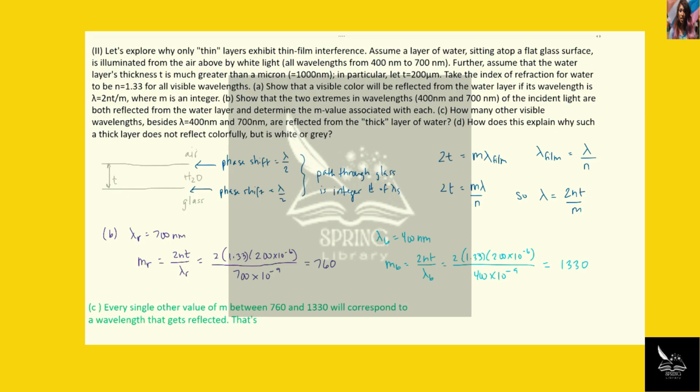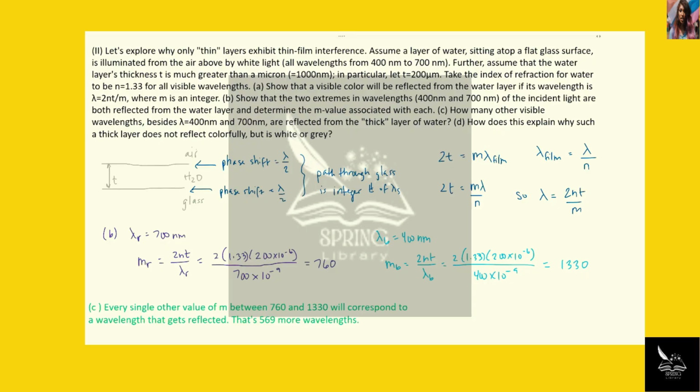If you take the difference between them, it's 570, but we've already counted one of them. So 760 up to 1329, and then 1330 is the very next one. So that's 569 more wavelengths that will reflect.